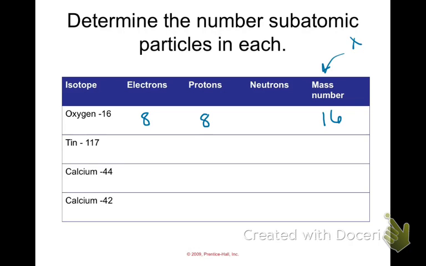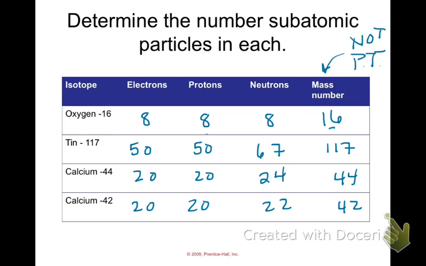Remember, it is not on the periodic table. To get the number of neutrons, it is 16 minus 8. Number of neutrons is also 8. Go ahead and fill in the rest of the table. Okay, so here is the finished table. Pause if you need to double check your answers.